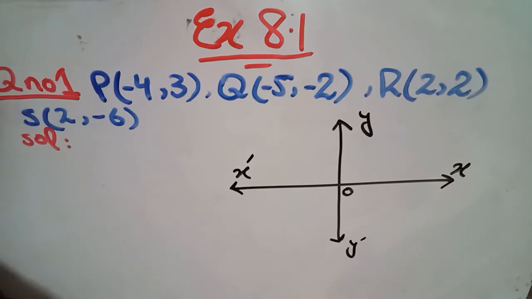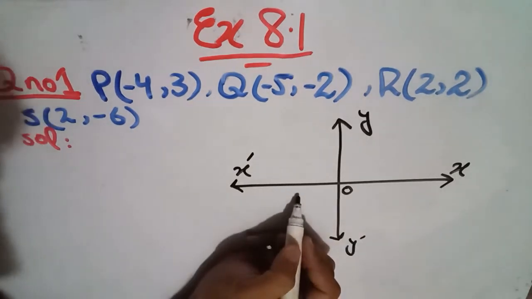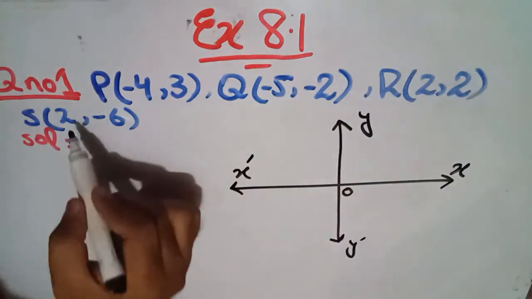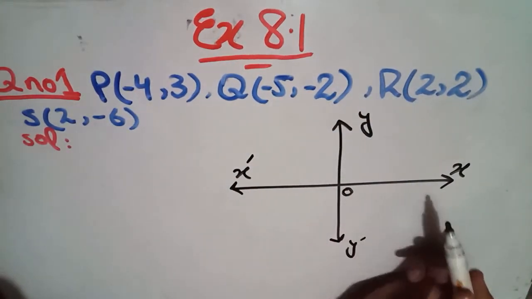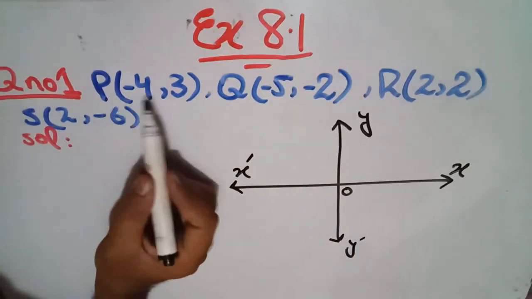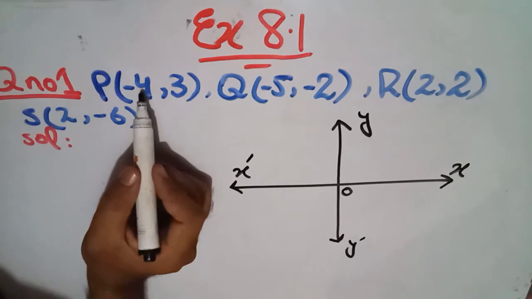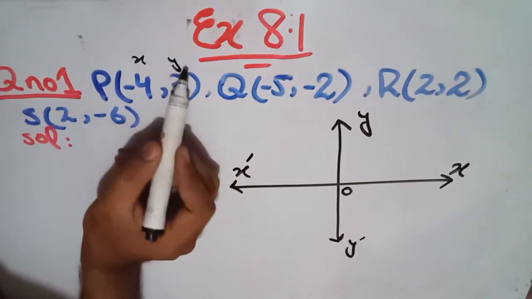graphs. It is also called coordinate axis. And so these are the points, and we have to draw these points on the graph. So the concept is in these points the first value is representing the x and the second value is representing the y.